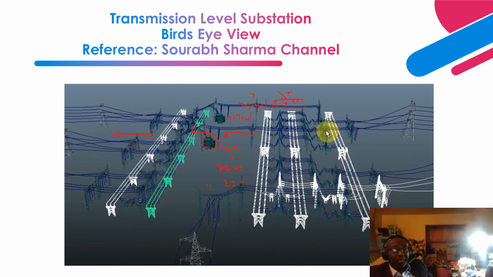Within this sub-transmission level voltage, we can also have outgoing feeders. We can also have redundancy in it, and basically outgoing feeders go to another circuit to step it down to another voltage level.